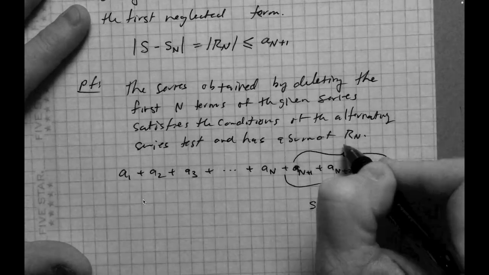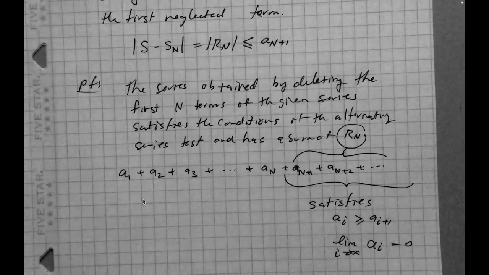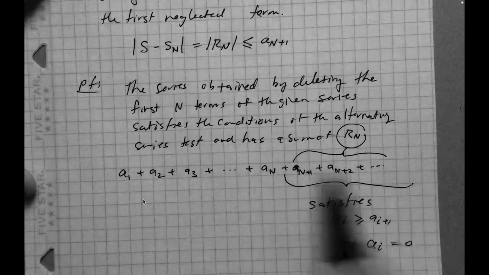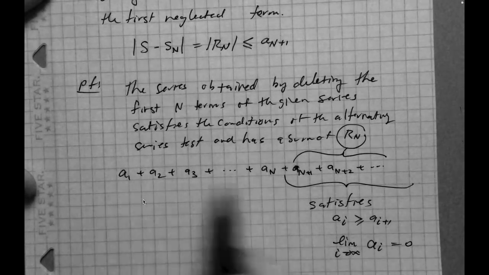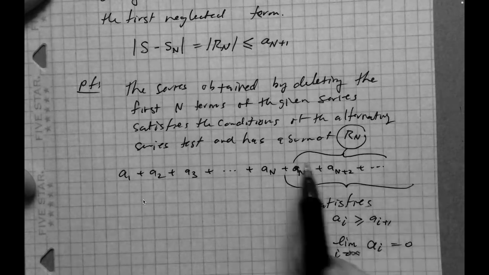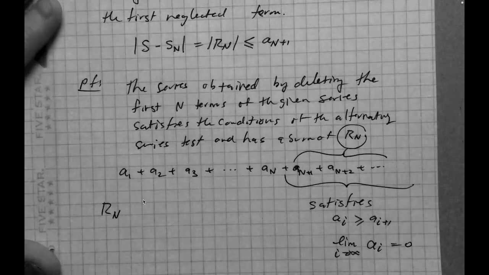Right, so this is just R_n. So let's talk about this piece. This is what we would mean by the remainder. The first n terms plus this part is the total series, right? So this is the partial sum, this is the remainder.